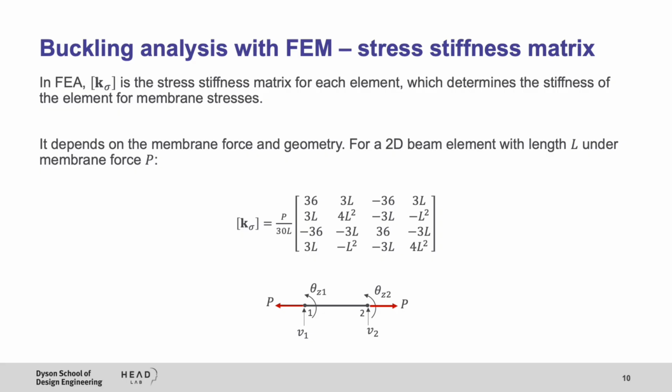For a two-dimensional beam element with length L under membrane force P, this stress stiffness matrix looks like this. So here we have the axial force, and we have the length of the beam only.